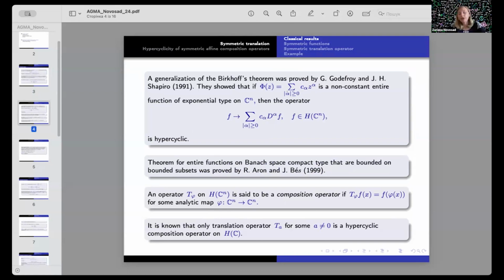They showed that if φ is a non-constant entire function of exponential type on C^n, then this differentiation operator is hypercyclic on the space of entire functions on C^n. The theorem for entire functions on a Banach space of compact type that are bounded on bounded subsets was proved by Aron and Bès in 1999.